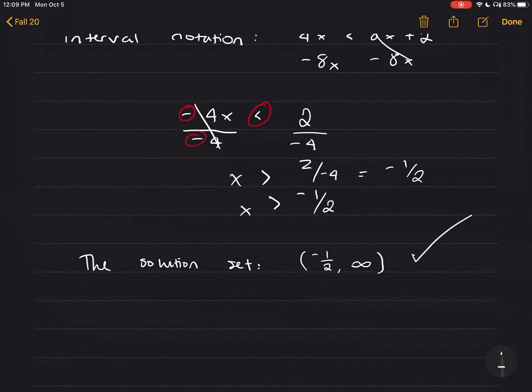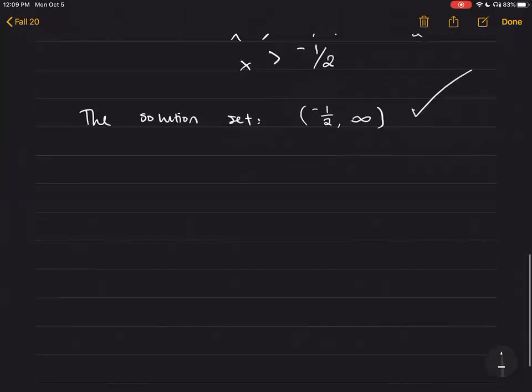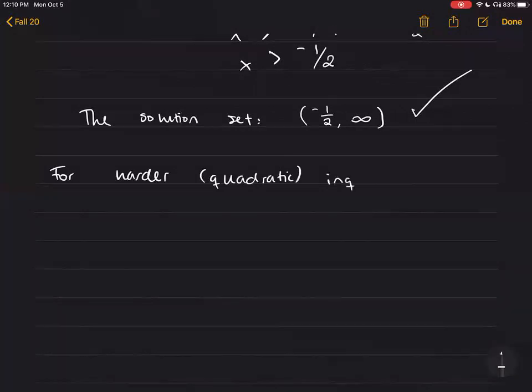Let's move on to something a little trickier. For harder, and by harder I mean quadratic inequalities, there are steps that we can follow to solve them.